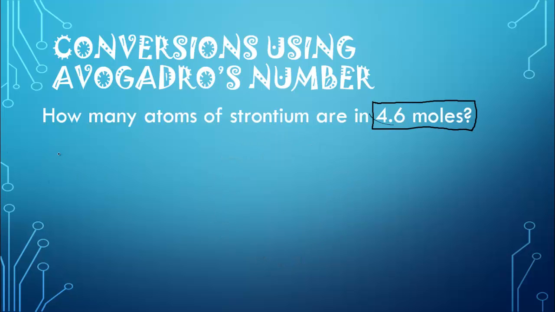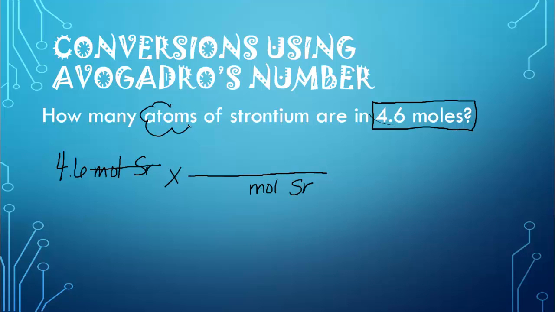So that's where we're going to start. 4.6 moles of strontium times a line, getting rid of moles of strontium on bottom, changing to atoms of strontium.